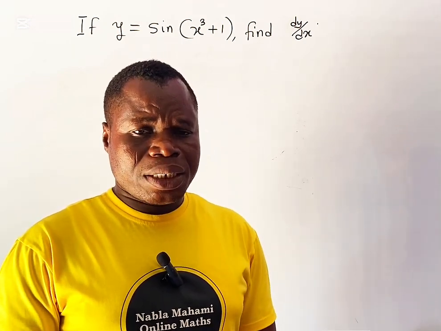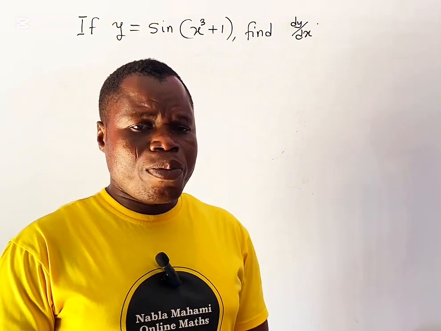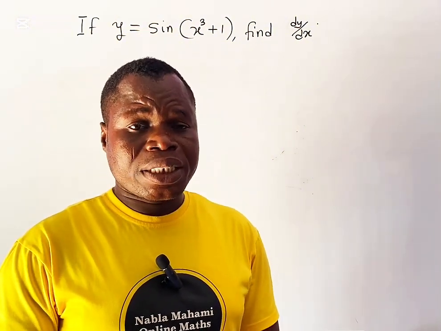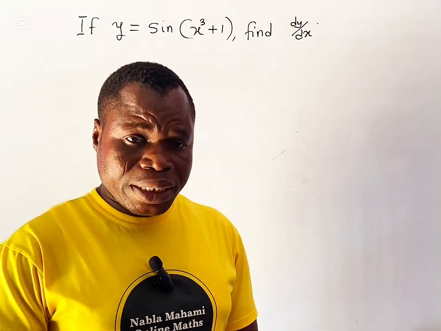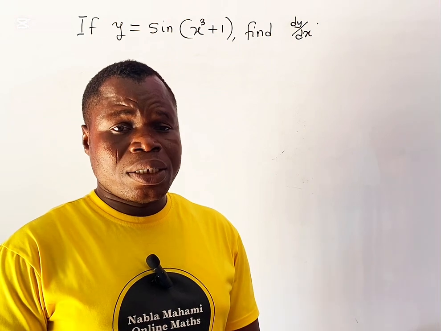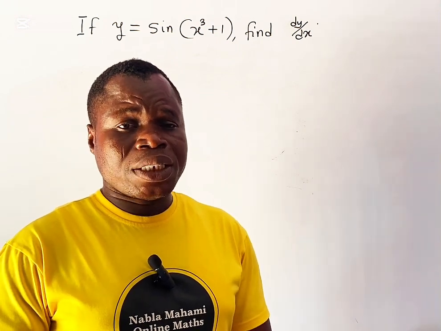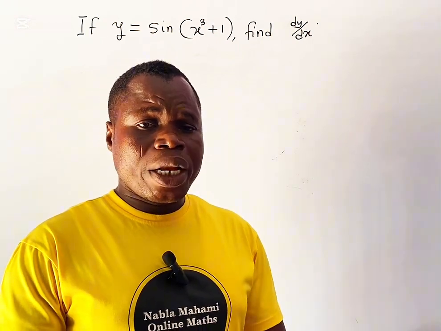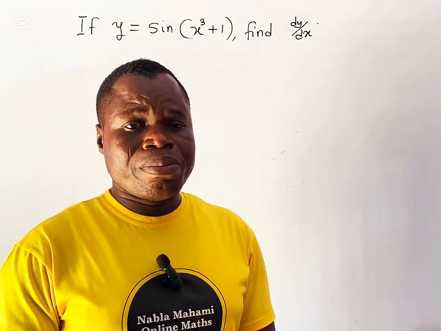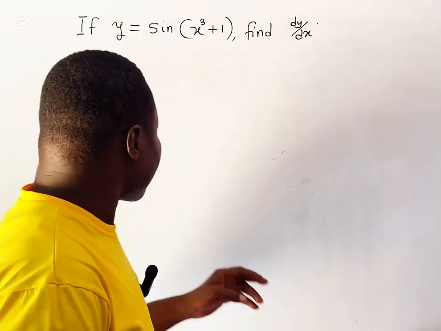The first method is for when this type of question is asked in the theory, that is section B. And the second method is for when this type of question is asked in the objective test, that is section A. So let's start by using the first method, which is the section B approach.